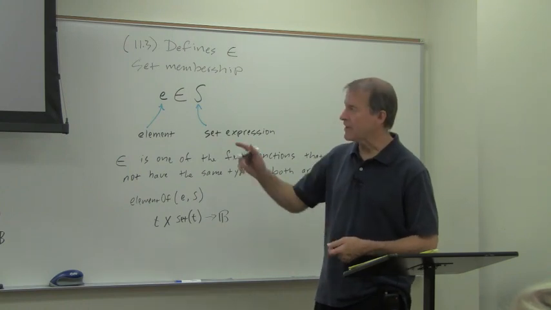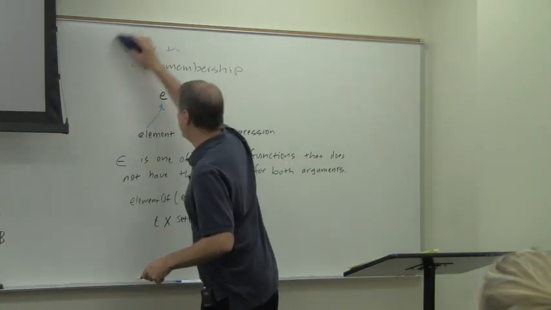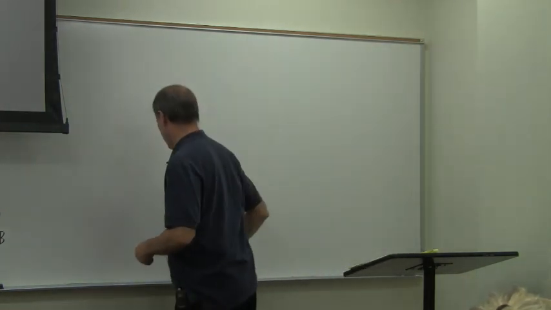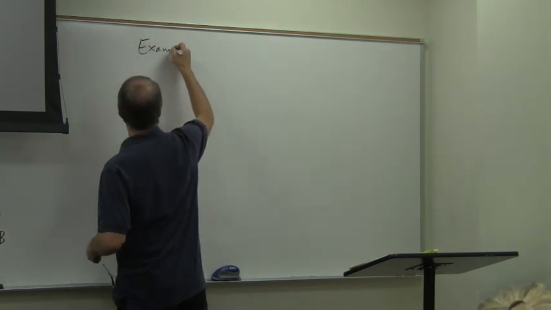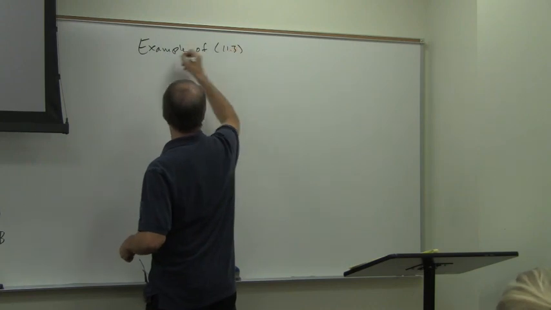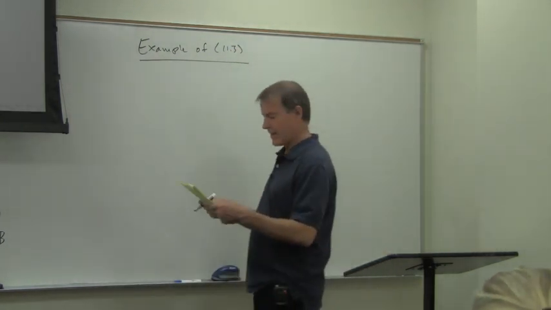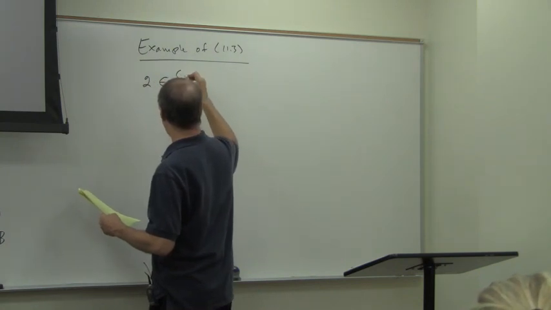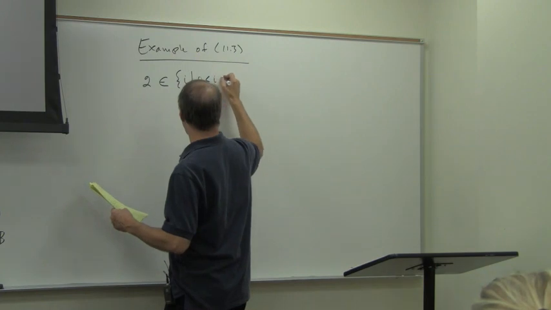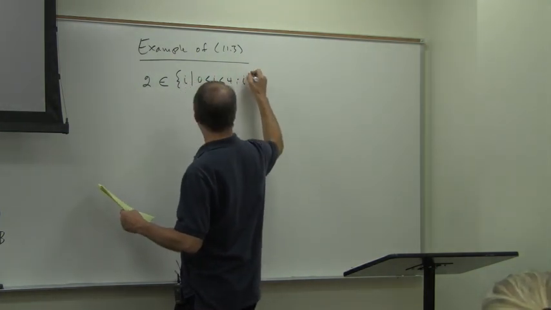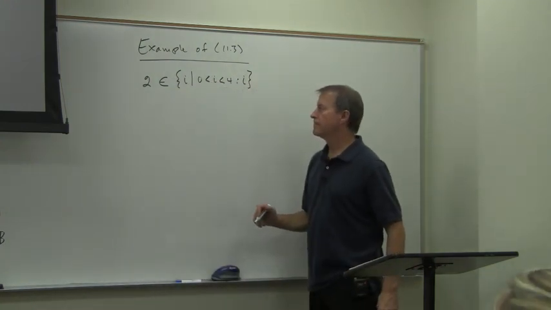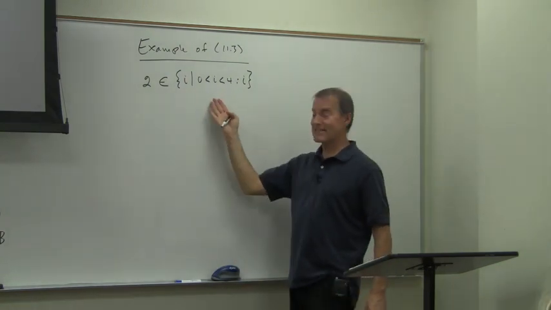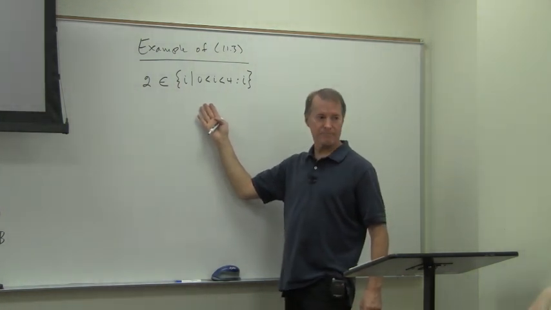All right. So now let's do an example of 11.3. Just to make it concrete, let's say, what do you think this is? 2 is an element of the set I, range 0 less than I less than 4, body I. What does it mean for 2 to be in this set? Yes, this happens to be true, but how did you know?